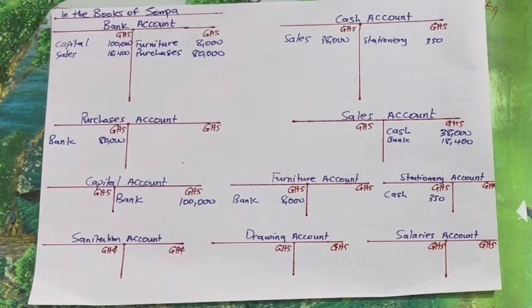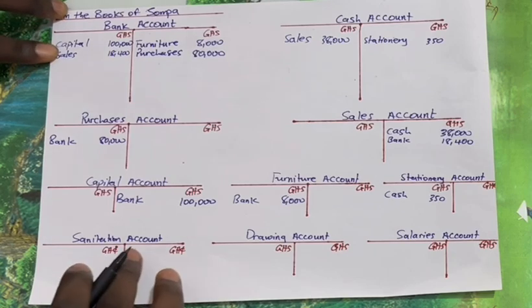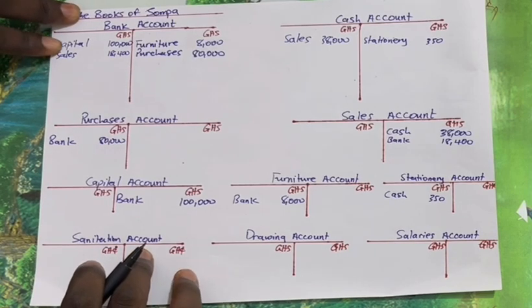Okay, so let's move on. We have the next one to be paid cash for office cleaning. That's 800. Cleaning will go under sanitation. So we have the sanitation account here, which is an expense, and they paid cash.